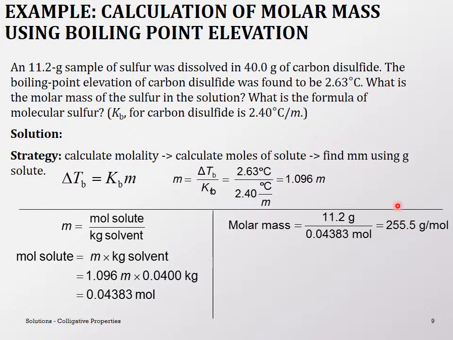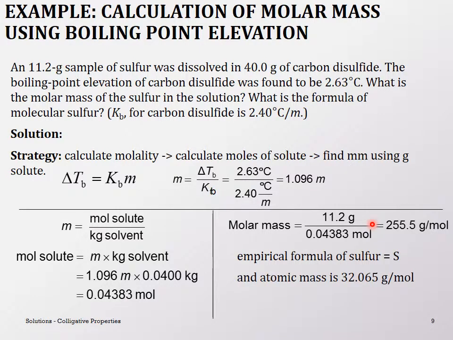Then our next question is, what is the formula of the molecular sulfur? So obviously this sulfur is not the same as the sulfur they are talking about, which means we need to find out more. The empirical formula for sulfur is just S, as given in the periodic table, which the atomic mass is 32. So which means now what we have to do is divide 255 by 32, which gives us approximately 8. So which means that the compound we are talking about, or the sulfur we are talking about, is actually S8, which is probably an allotrope of the sulfur that we originally have.